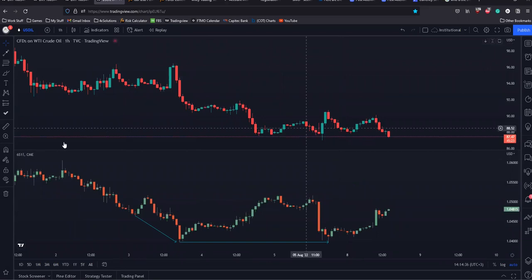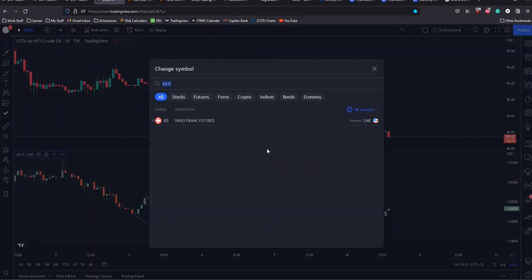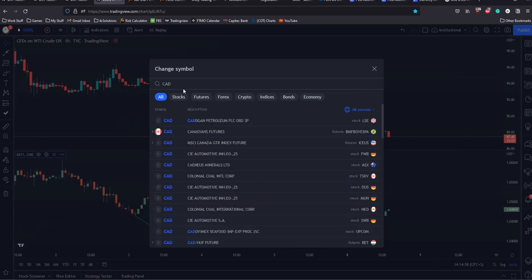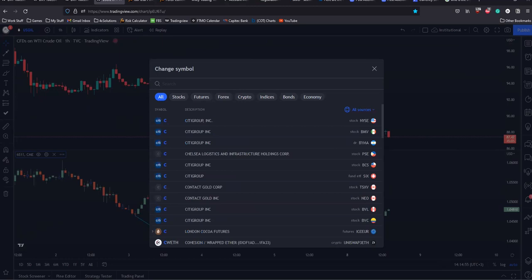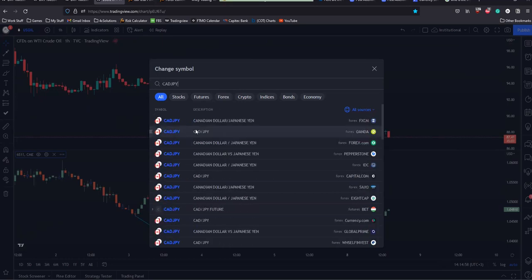No one. Okay, well, it doesn't matter. Does anyone know what currency is linked to oil? Well, obviously, there's quite a few currencies linked to oil. Canadian dollar. CAD. That's it. So you could come in here, and there'd be a couple of options. For example, CAD JPY is just one of them.